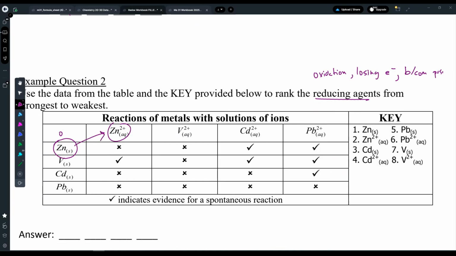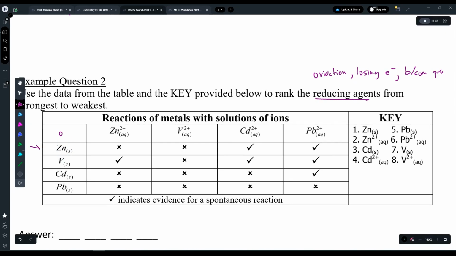So going from a solid to an aqueous ion, we get more positive because we go from a neutral or 0 charge to a 2+ charge, right? You can only do that by losing electrons, because you're getting a more positive charge. Okay, so because zinc solid has to lose the electrons in order to become zinc 2+, that's how you know the solid metal is your reducing agent.